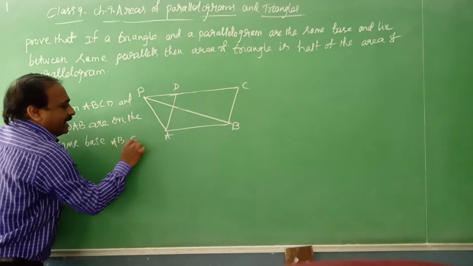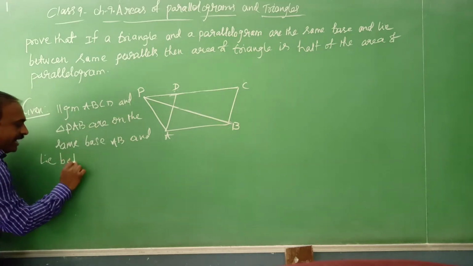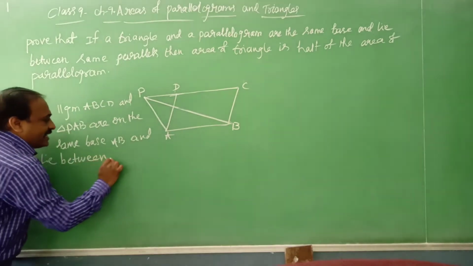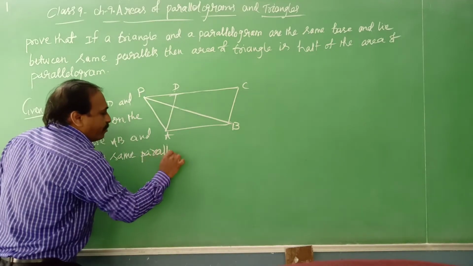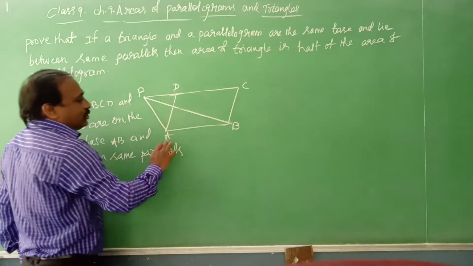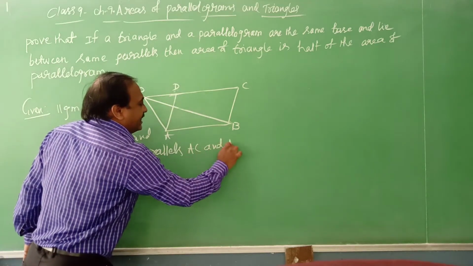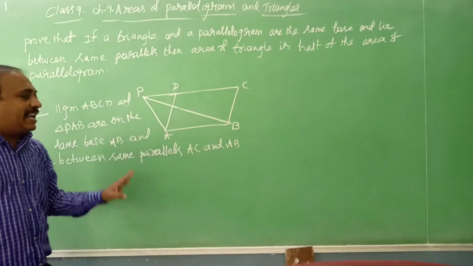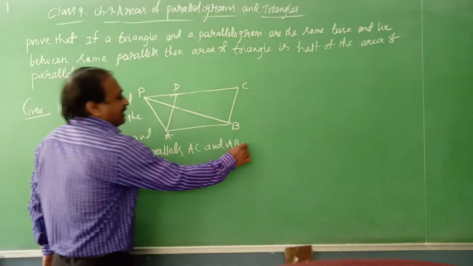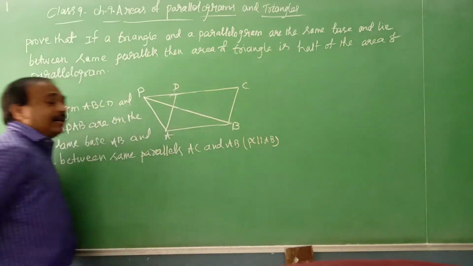AB, and they lie between the same parallels. What are those parallels? PC and AB. That means PC is parallel to AB. They are lying in between. That is given in the question.